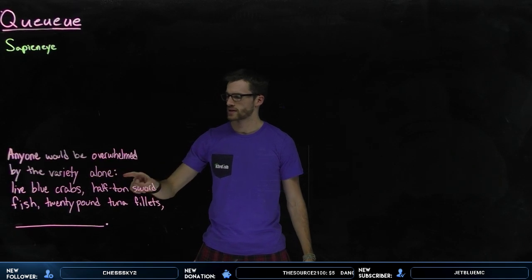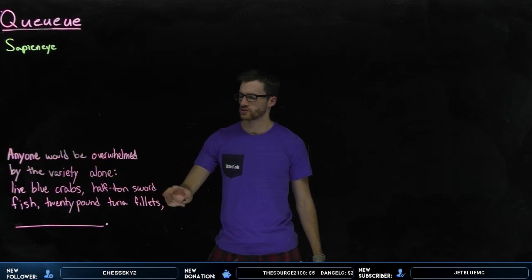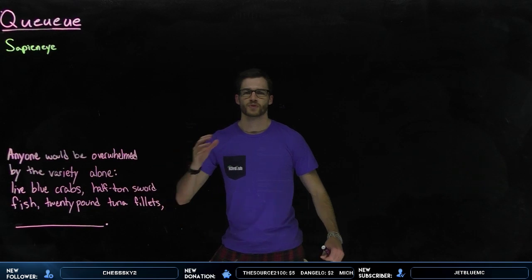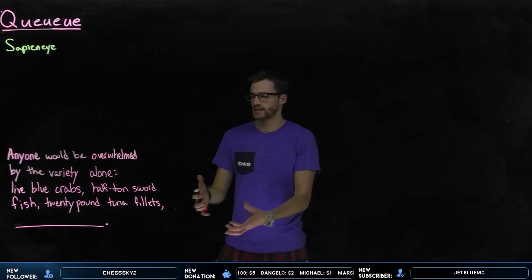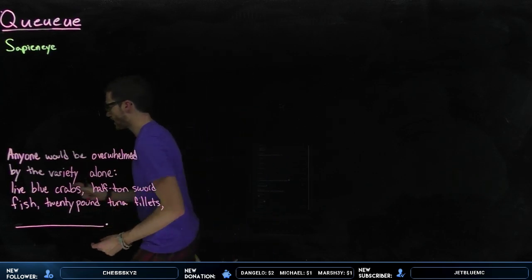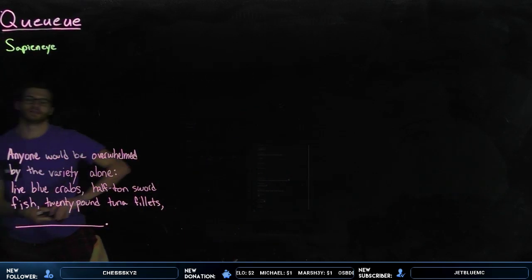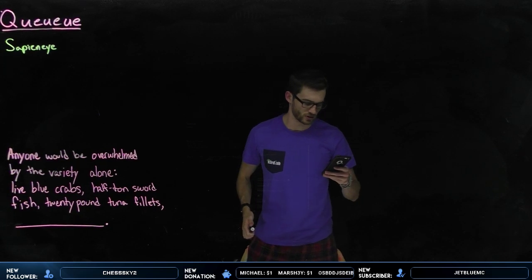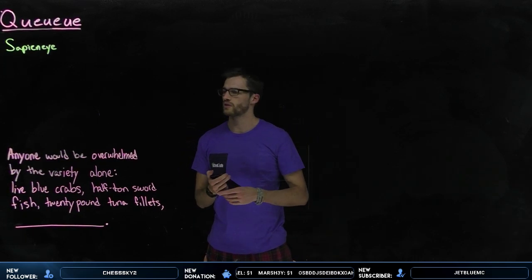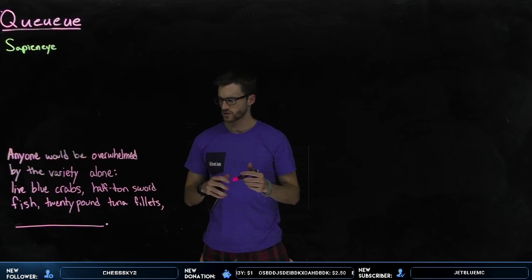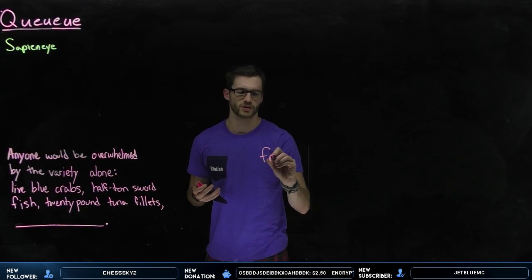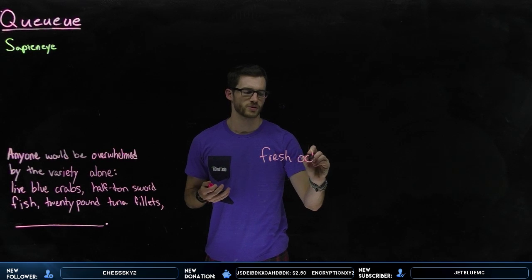Live blue crabs, half-ton swordfish, 20-pound tuna fillets, and something else. Number 39 is asking you what goes best in this list of things. I'm going to check. Can you read the first answer to me? It's no change. It's just fresh octopus. So fresh octopus is one option. What's the next one?